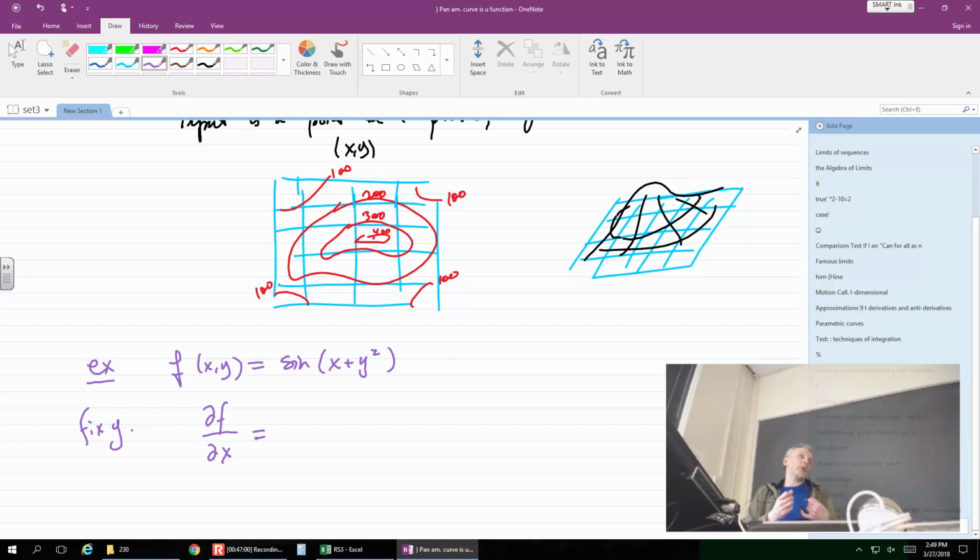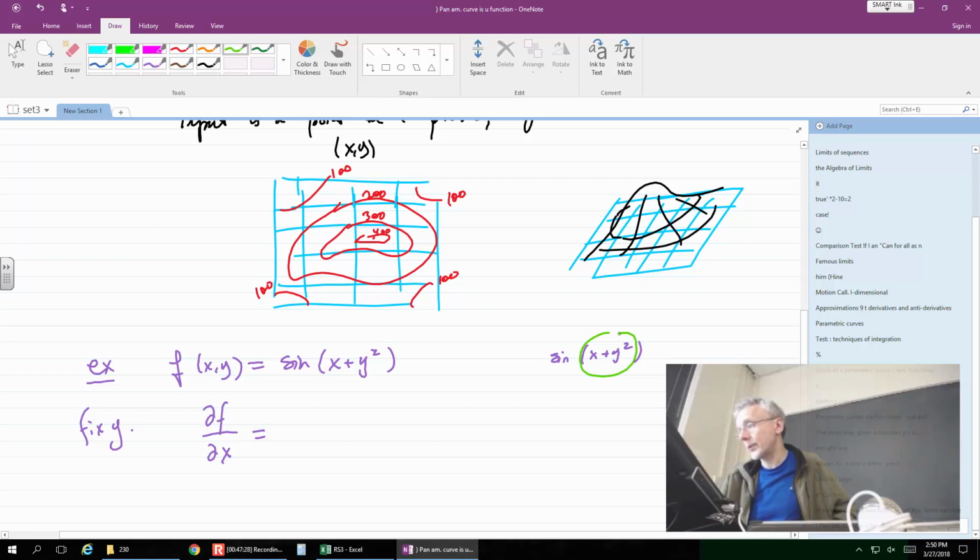So how do we differentiate compositions? Well, two functions, right, sine and x plus y squared, combined together, computed consecutively.